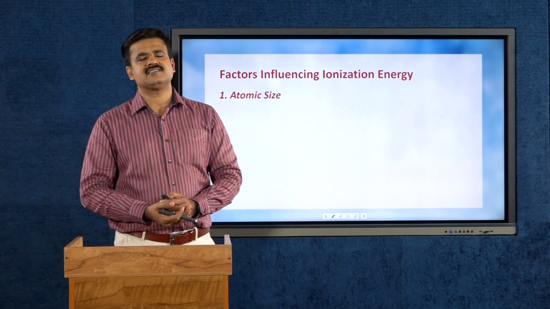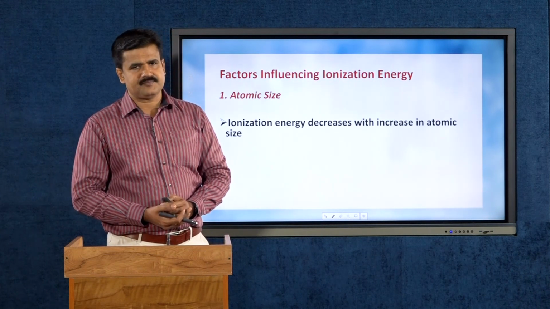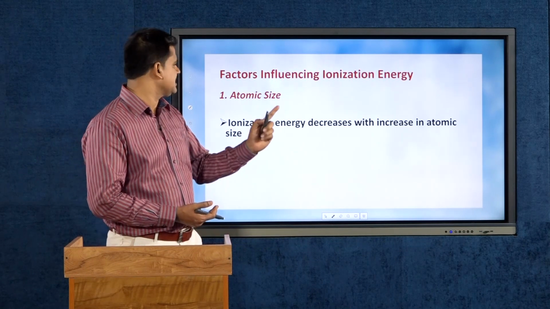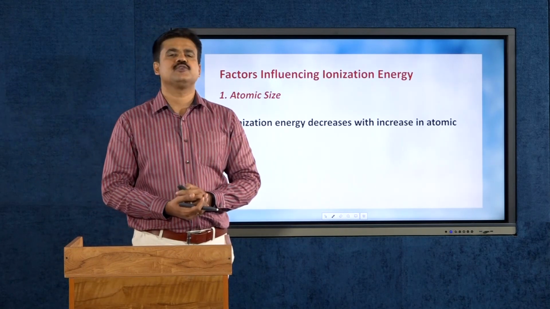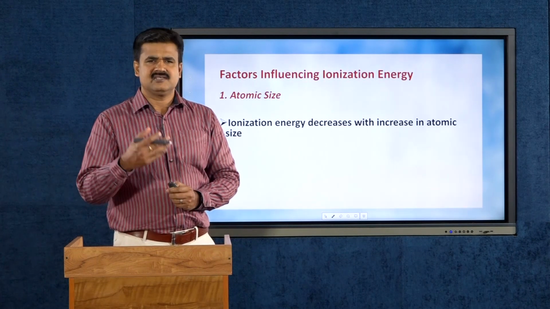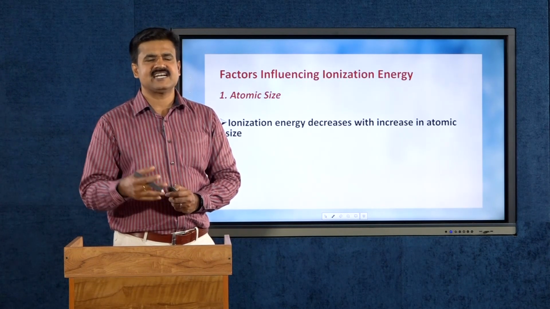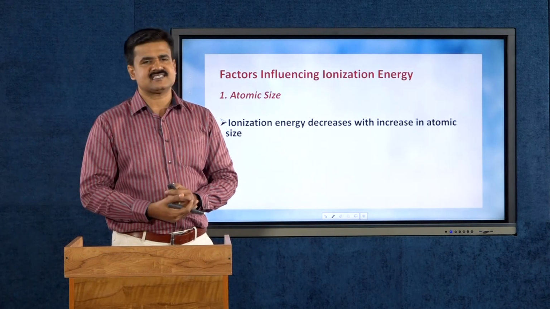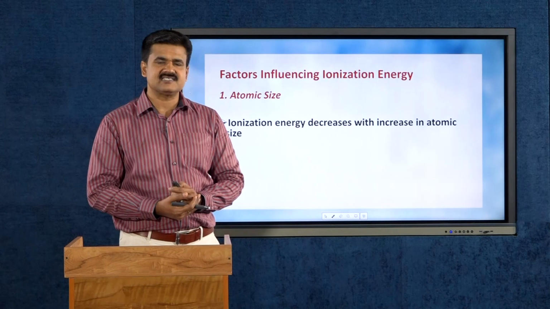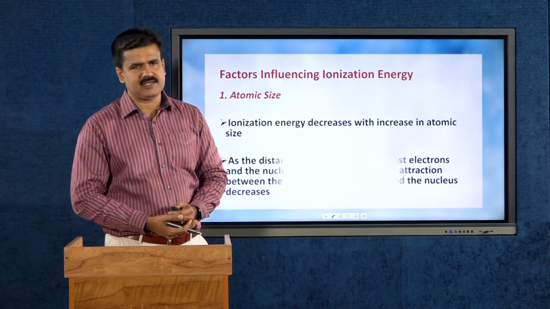Let us analyze each and every factor that governs ionization energy. The first factor is atomic size. Ionization energy decreases with the increase in atomic size. Atomic size can be expressed in terms of atomic radius, such as covalent radius, van der Waals radius, etc. With increase in size, you can see a decrease in ionization energy or ionization enthalpy.